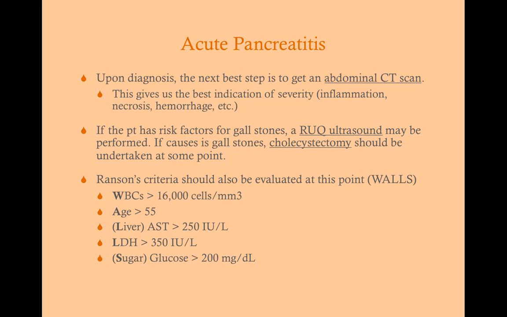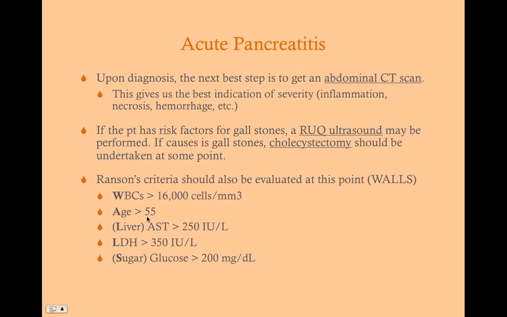So all of these things here, and you can write them out as WALLS, W-A-L-L-S, all of these things would be positive if they fit these criteria. And the more positive factors, the worse this patient is off. So if you have white blood cells greater than 16, that would be a positive, so actually a negative, but it would be plus 1 point.